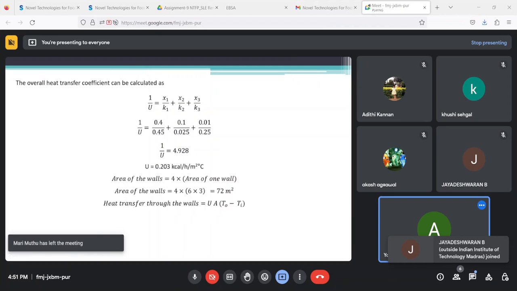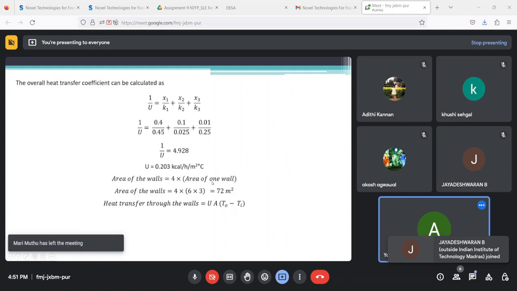So the heat transfer through the walls can be given by the heat transfer coefficient into area into delta T. This is applicable for either if it is a wall or a ceiling or any surface. So through any surface, this is the generic formula. Heat transfer can be given as U, which is the heat transfer coefficient, A, which is the area, and T outside minus T inside, which is the delta T.